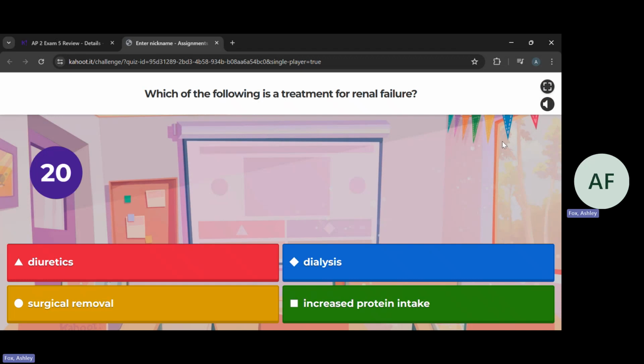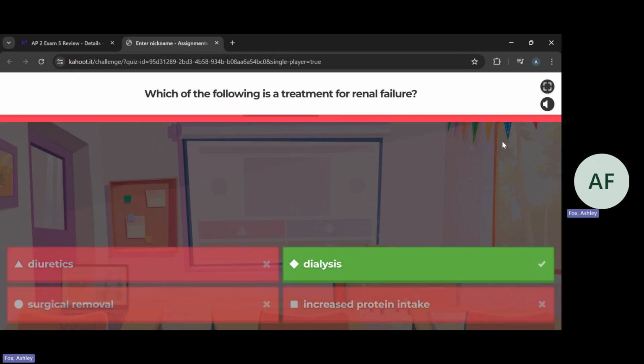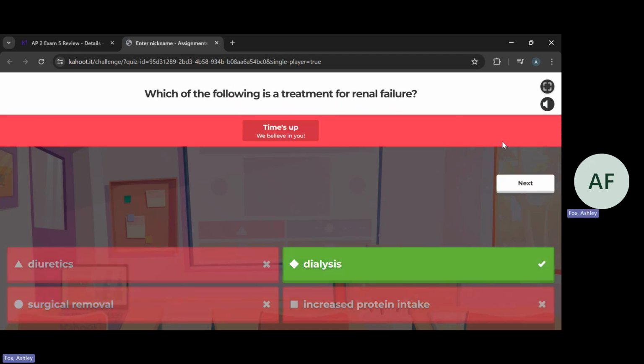Which of the following is a treatment for renal failure: diuretics, dialysis, surgical removal, increased protein intake? Dialysis is going to be the treatment for renal failure.